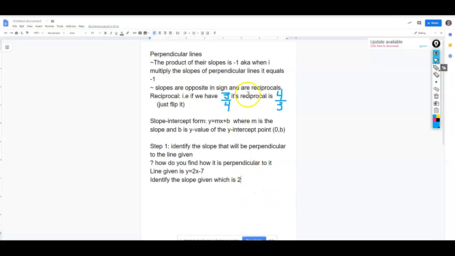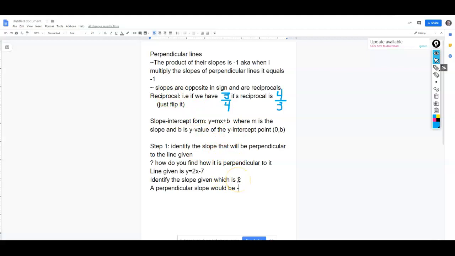So it is 2. And now if we go up here under perpendicular lines, the slopes are opposite in sign and are reciprocals. So a perpendicular slope would be, since 2 is positive, this one will be negative. And how are you going to, as you said it, just flip it?